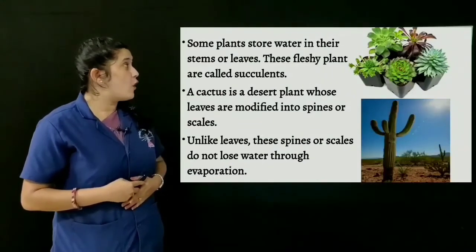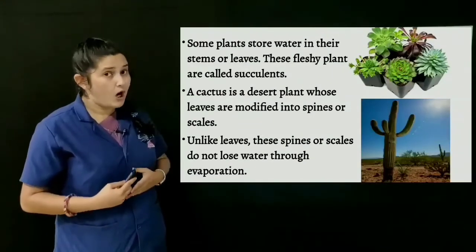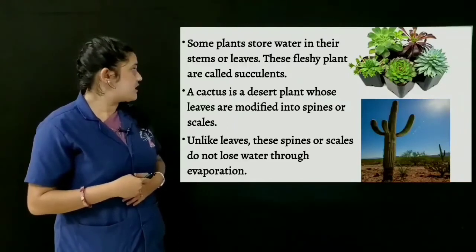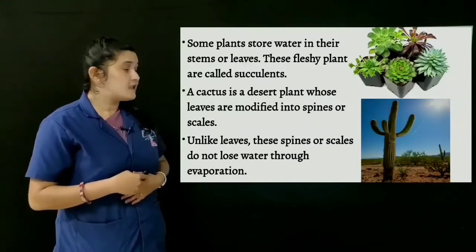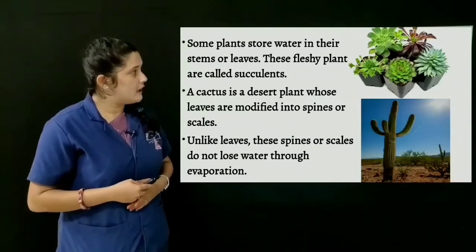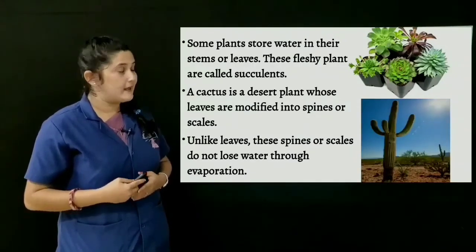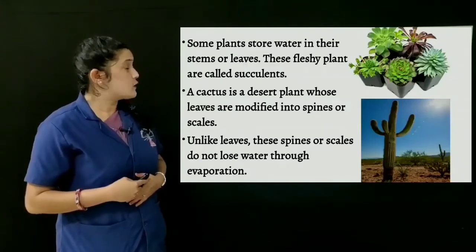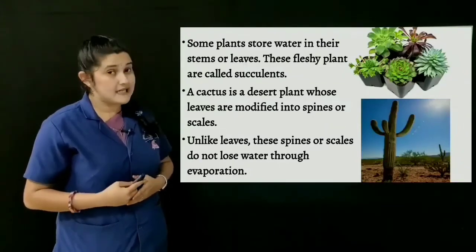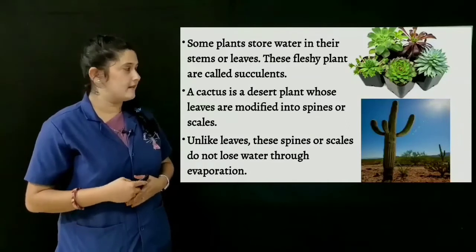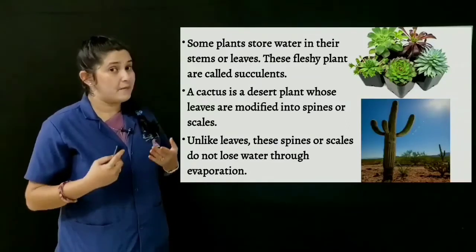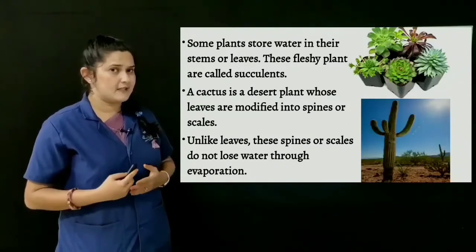Some plants store water in their stems or leaves. These fleshy plants are called succulents. Here you can see the picture of succulents. These store the water in the stem or leaves. You might have heard about the plant cactus.